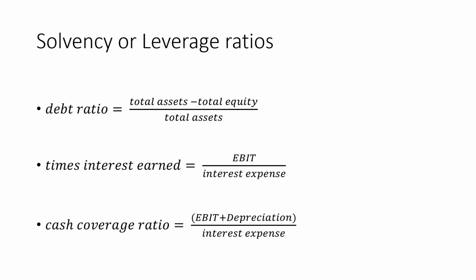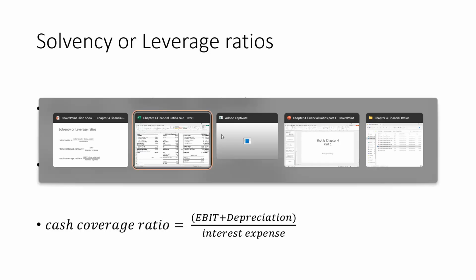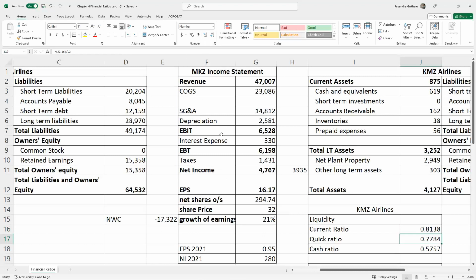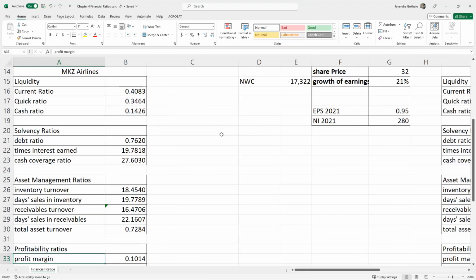Now, typically firms earn large amounts of profits as compared to their interest expense, and therefore these ratios, times interest and cash coverage ratios, are expected to be bigger than 1, much bigger than 1 actually. So in terms of MKZ and KMZ, the smaller airline, let's look at these.